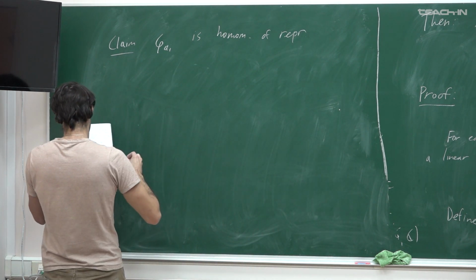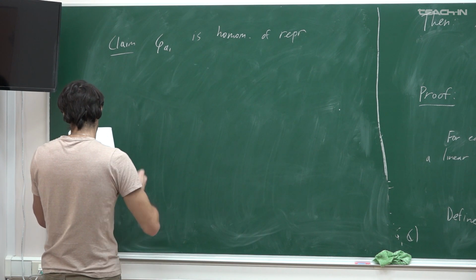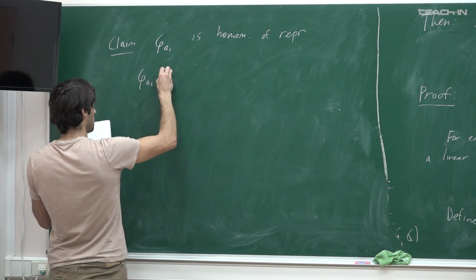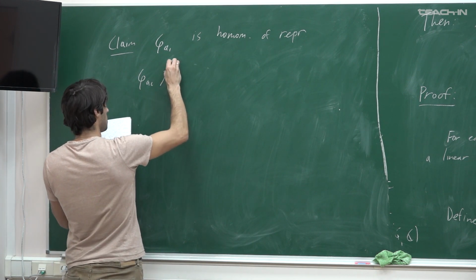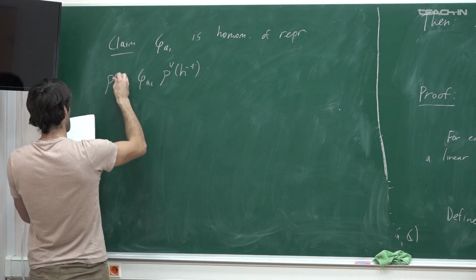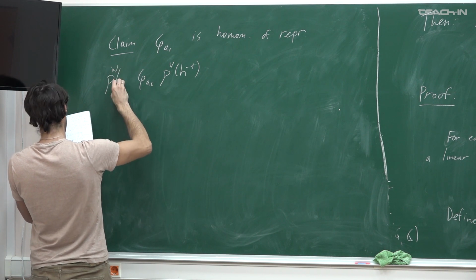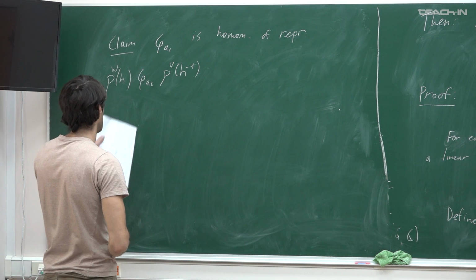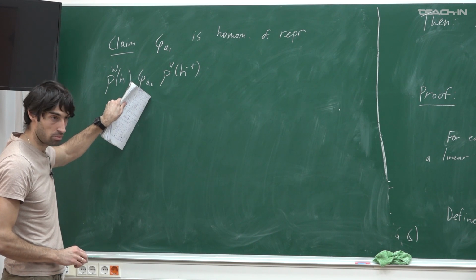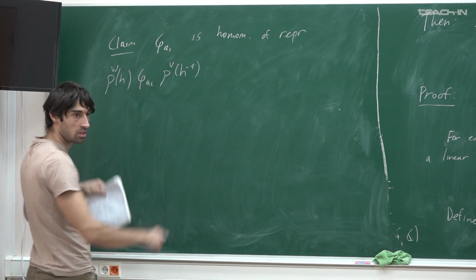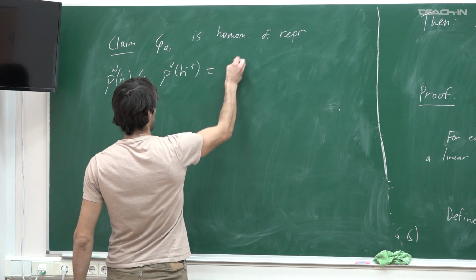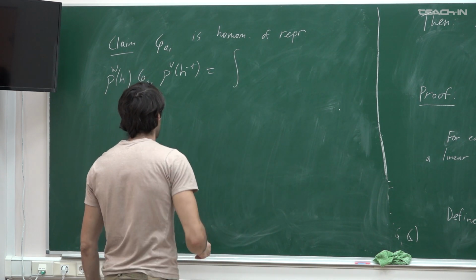Well, indeed, I just need to take phi_{a,i}, and I can write rho_V(h^{-1}), so conjugate it in some sense, rho_W(h). If this is the same as phi_{a,i}, then it's a homomorphism of representations. Then it commutes with action. So okay, we just need to integrate.